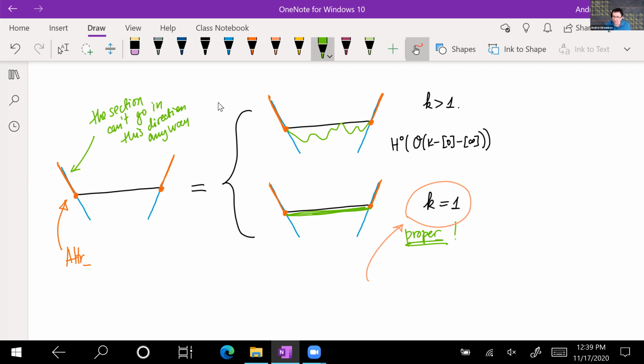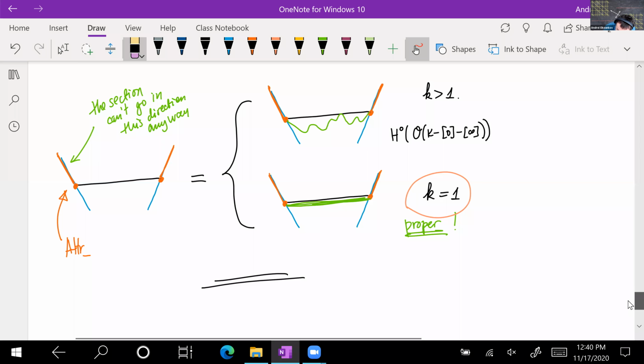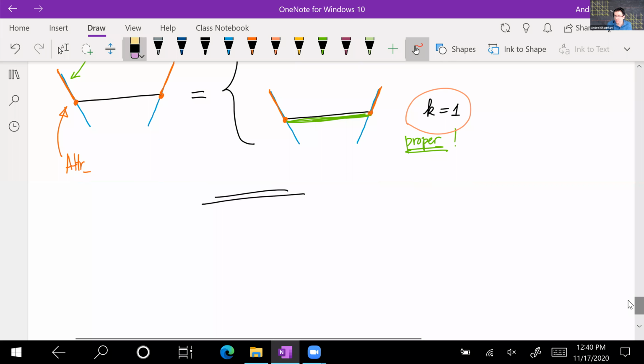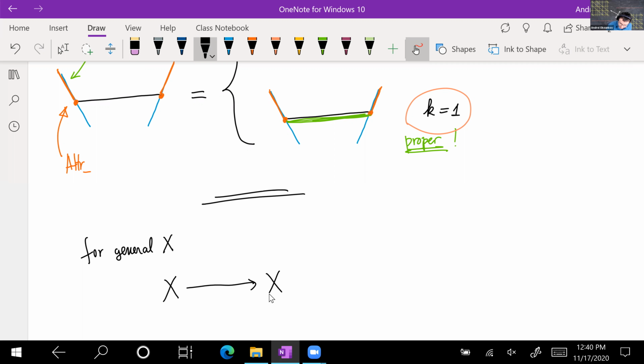And so now the implementation. You will think that maybe this is really a silly example, but its implementation for general X is the part about properness. So for general X, we have the map X going to X naught.